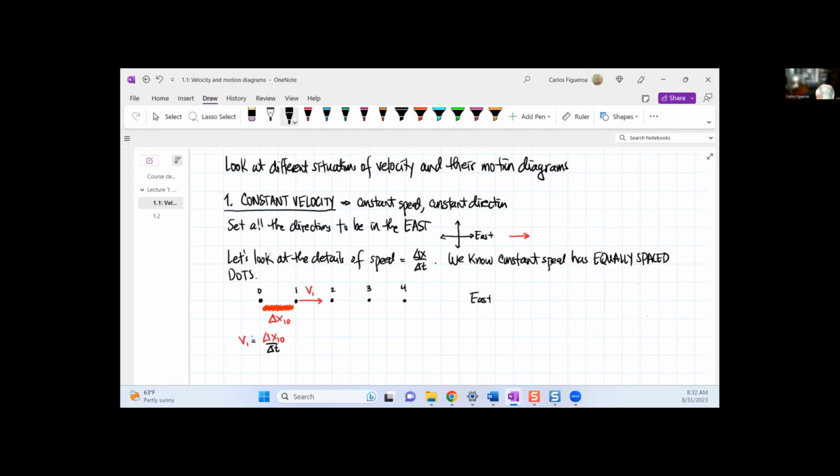Now let's look at interval 2. If I look at my speed at 2, I have to look at the interval before 2, and this is speed 2. So speed 2 here depends on the interval 2, 1. And then if I look at the speed 3 here, it depends on that interval right there.